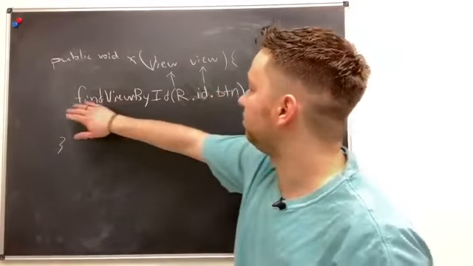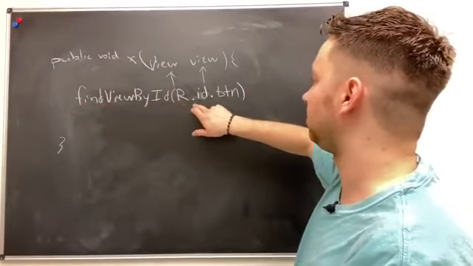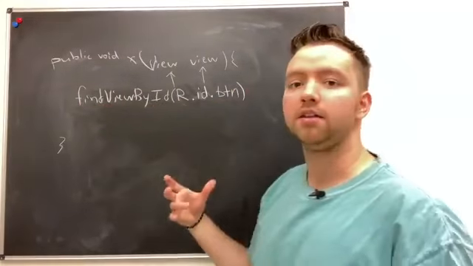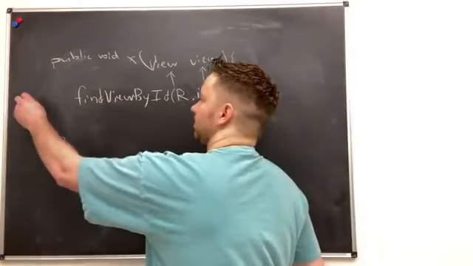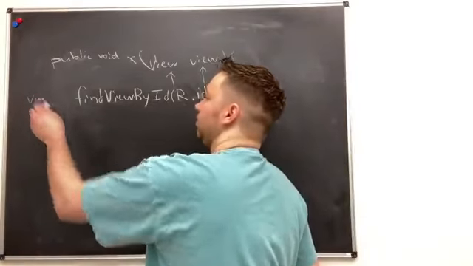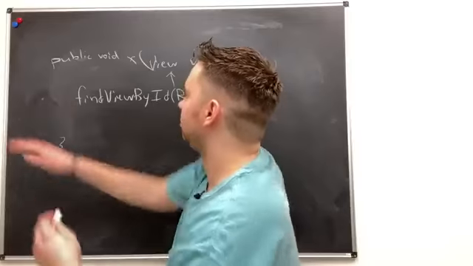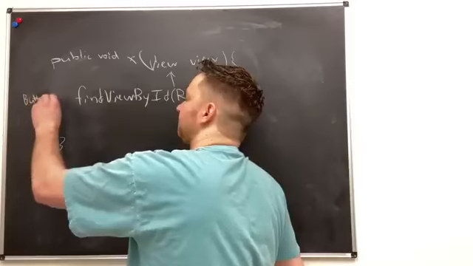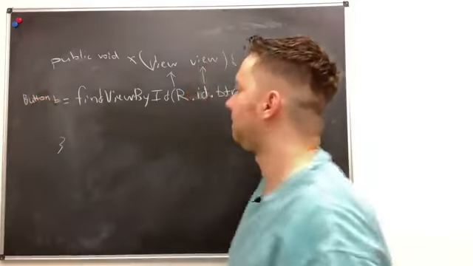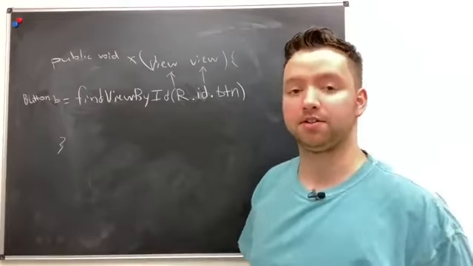This whole thing, findViewById passing R.id.btn, is going to return a view object. So we would then assign this back to a view object, or if it's a button, we could assign it to a button, like so.